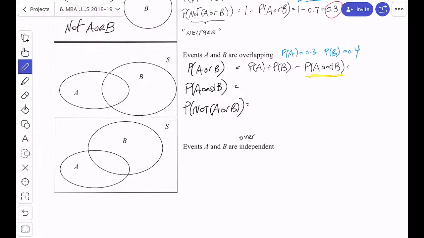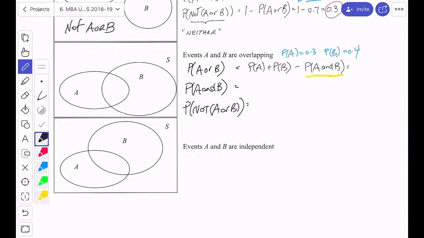Independent events are overlapping events. I'm not going to write it here because that might be confusing. I'm just going to say independent events have to be overlapping. So independent is not the same as disjoint. It's a different concept.